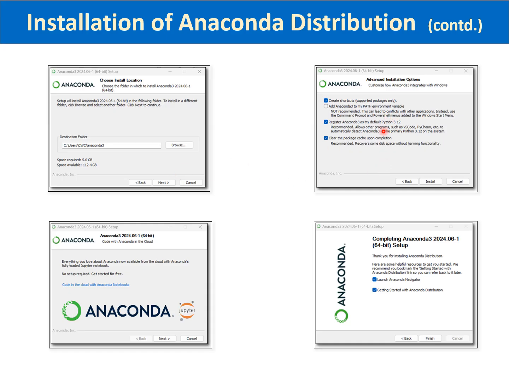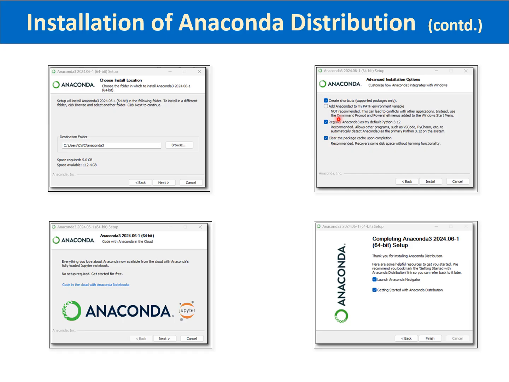Then click on next, and it will ask you for selection of advanced installation options, which will tell the system how Anaconda integrates with Windows. Keep the default options as they are. In case you have had Python installed on your system earlier, then Anaconda 3 will not be automatically detected as the default Python.